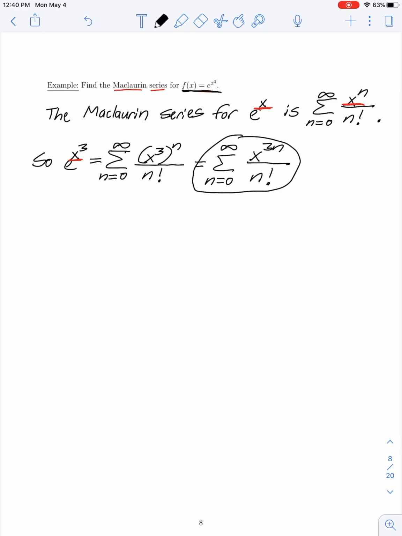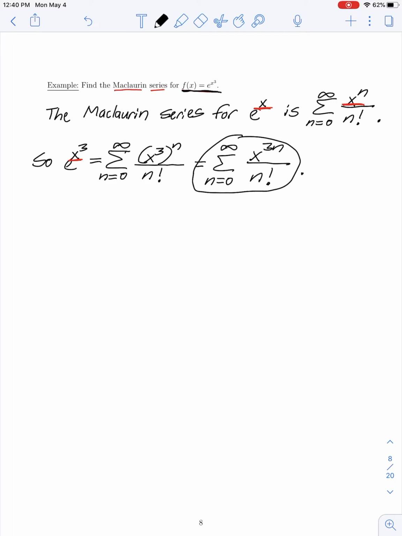So this would give me a Maclaurin series representation for e to the x cubed right away, as long as I was remembering what the Maclaurin series for e to the x was. So that's why it's useful to have those certain ones memorized, because we can get Maclaurin series for these other functions directly from those pretty easily.